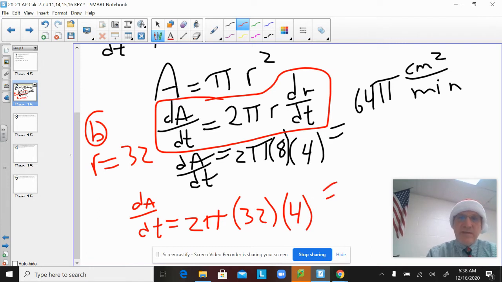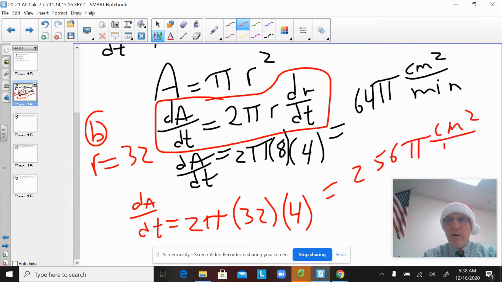That is 8 times 32, which is 256 pi, and it's still centimeters squared per minute. We can see one earlier where we used the formula for the area of a circle. It is one of the basic applications of it. So there's number 11.